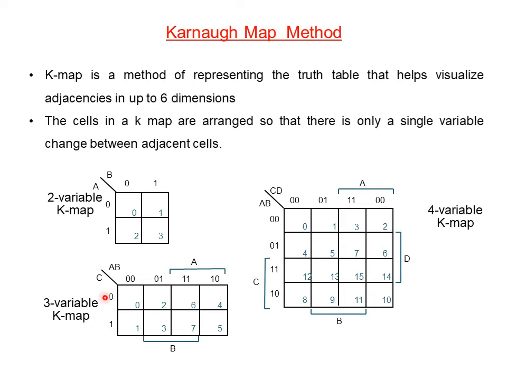For the 3 variable map, 2 power 3 equals 8, so 8 cells are there, 0 to 7. For the 4 variable map, 2 power 4 is 16, so 16 cells are there. This is one cell, and each cell represents one minterm or maxterm.